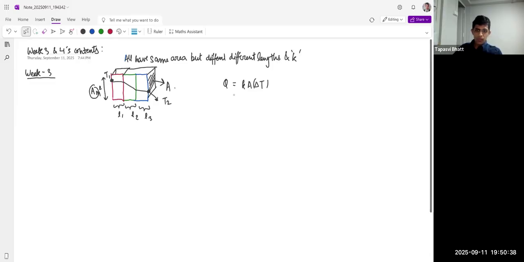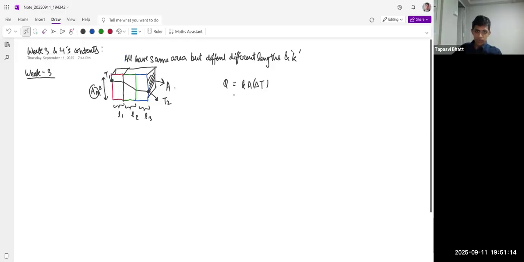Because current equals potential difference over the resistance, here our current is our heat Q, and the potential difference is delta T. So resistance is delta T over Q. Now, how do we get delta T over Q?